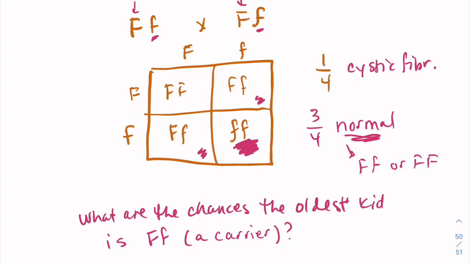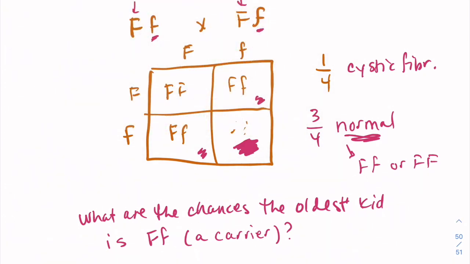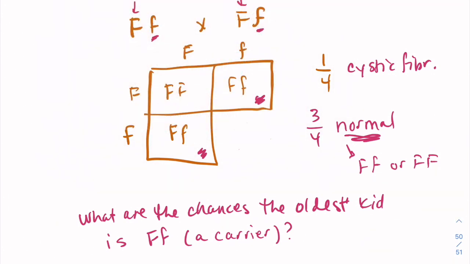So we can just get rid of that. This box doesn't exist for this person anymore. So really, it is 2 out of 3. This person is twice as likely to be a carrier than not. So it's actually a 2 in 3 there.